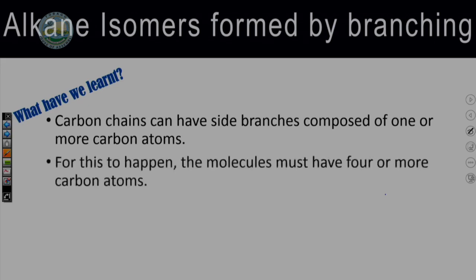For this to happen, the molecule must have how much? 4 or more carbon atoms. So in order for us to have an isomerism where alkanes are concerned, we must have 4 or more carbon atoms present.